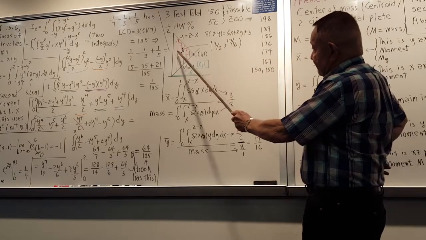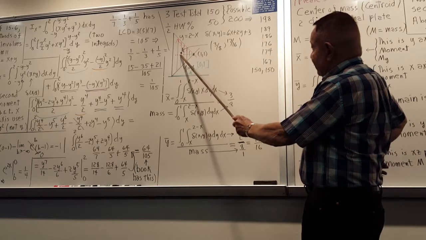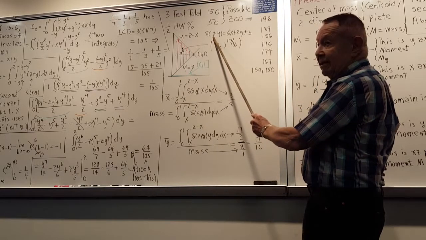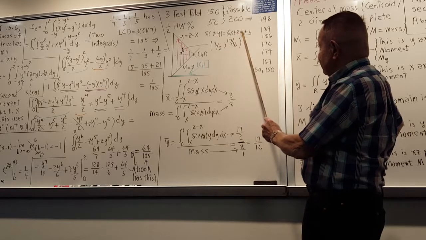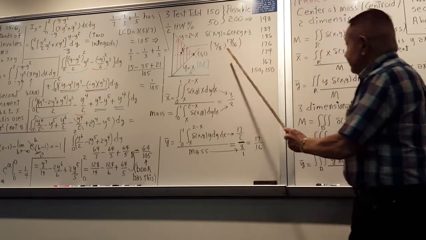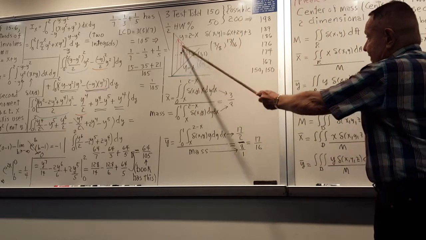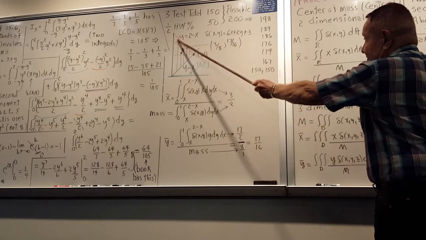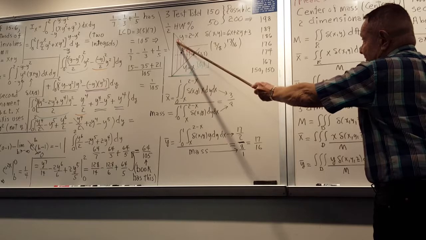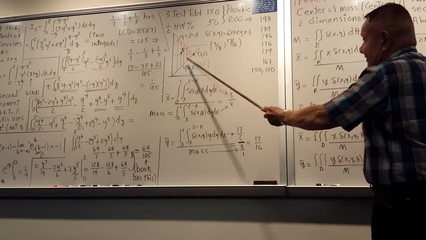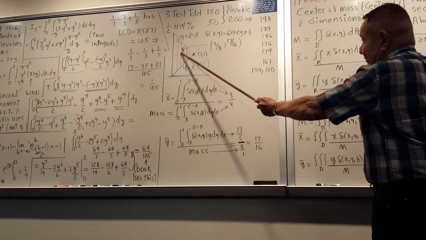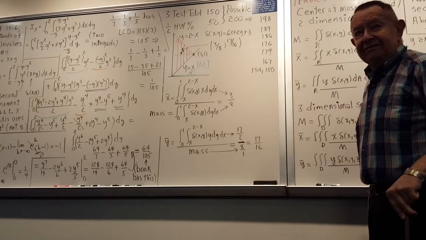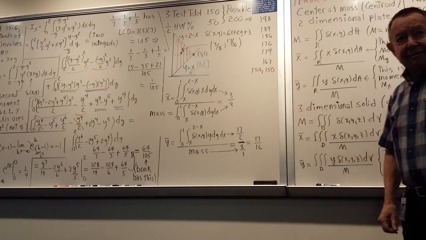But your balance point is not on that line because you have a variable density. And as you get up here, the y numbers get up close to 2, so they are big enough numbers that they pull the balance point up above the line of geometric symmetry.